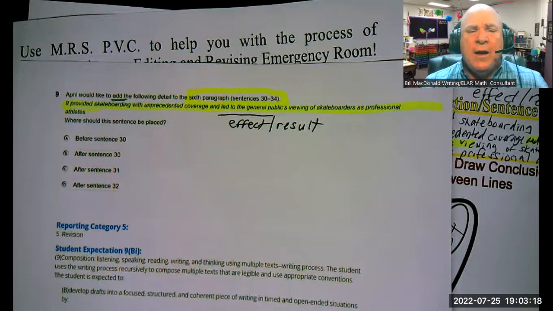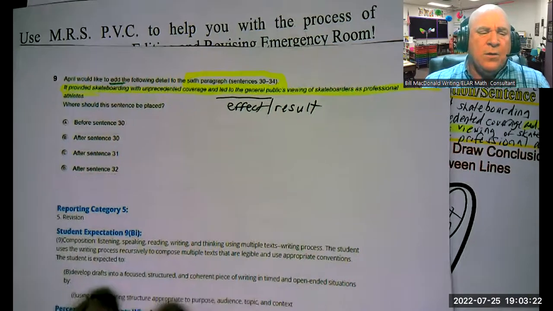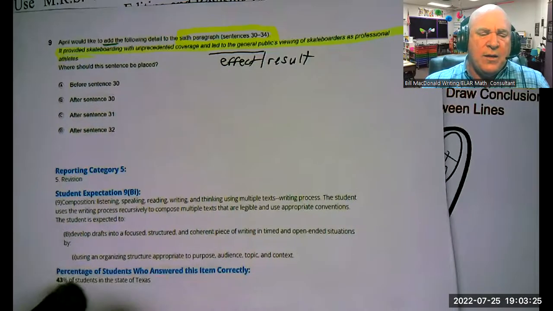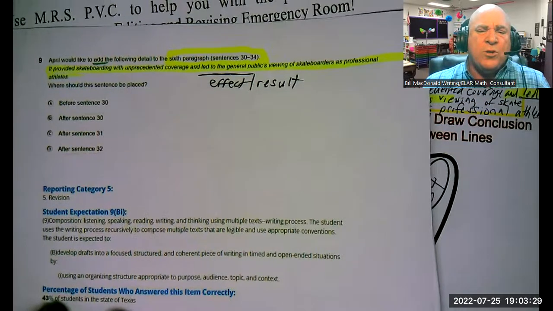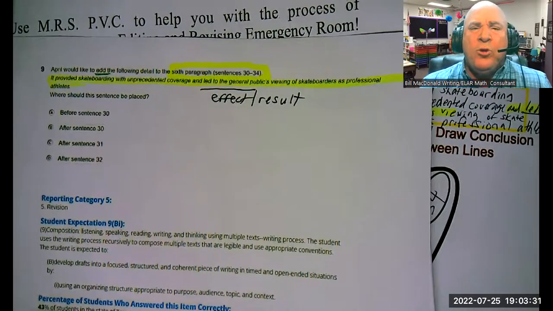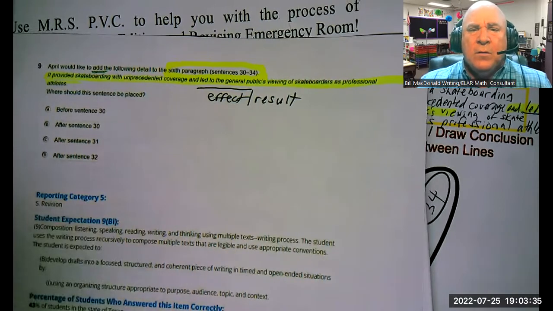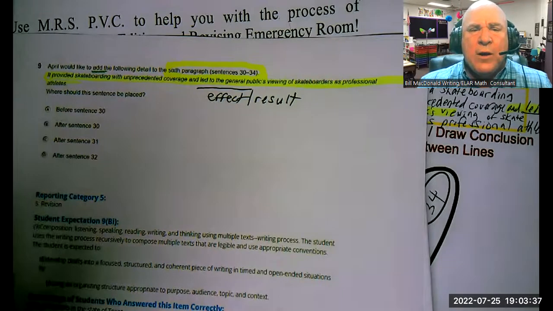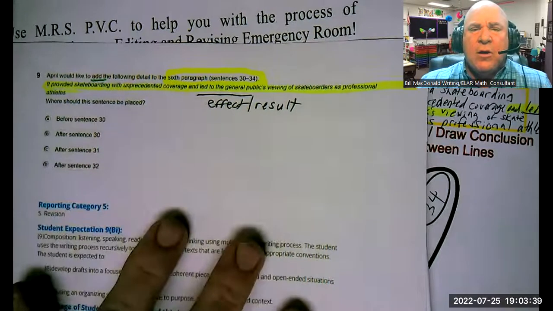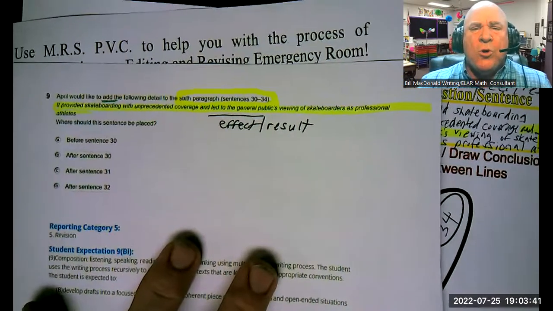So I highly suggest that when only 43% of the students in an entire state get a question correct, it means that whatever you all are using, the graphic organizers, the diagrams, whatever charts that your program or curriculum has, it's not filling in the gaps.